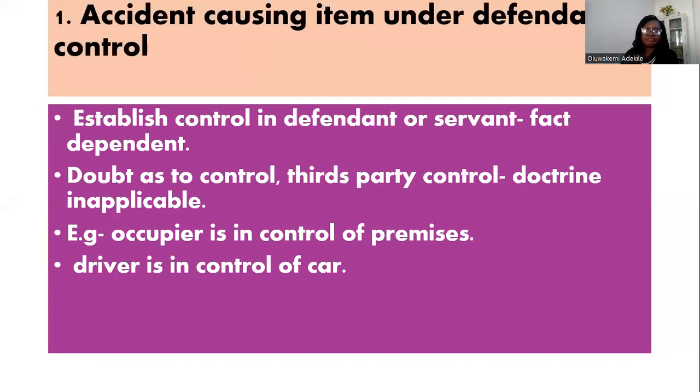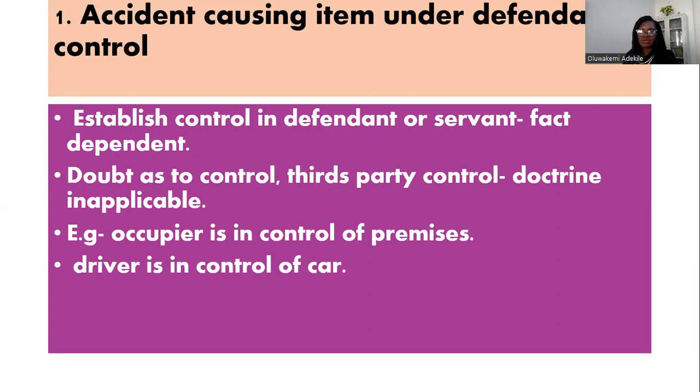We must note that the cause of the damage must be unknown. On the first element, that it is under the control, maybe the vehicle that caused the accident, the bag of cement, the process of treatment, whatever may be the basis of complaint that there is a breach of duty, you must establish that it was under the control of the defendant or his servant.